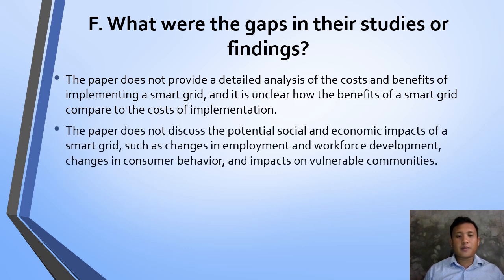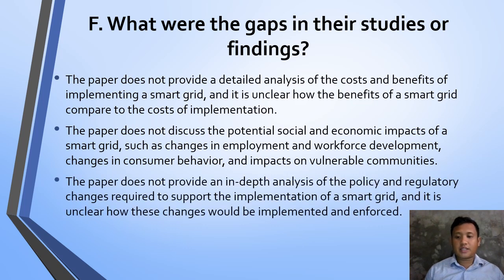And also, the paper does not discuss the potential social and economic impacts of smart grid, such as changes in employment, workforce development, changes in consumer behavior, and impacts on vulnerable communities. And lastly, the paper does not provide an in-depth analysis of the policy and regulatory changes required to support the implementation of a smart grid, and it is unclear how these changes would be implemented and enforced. So, so much for that.